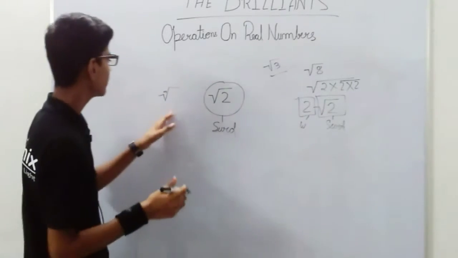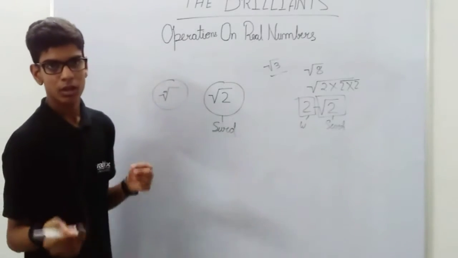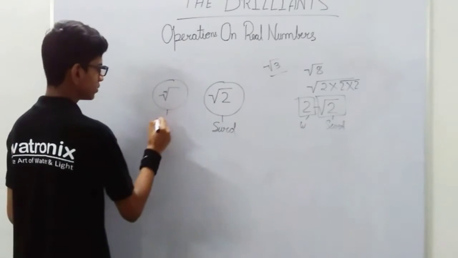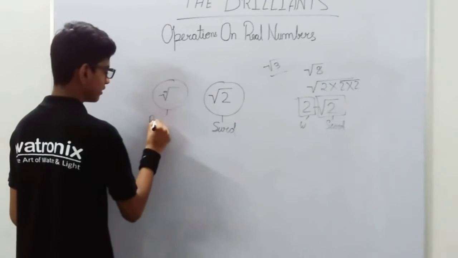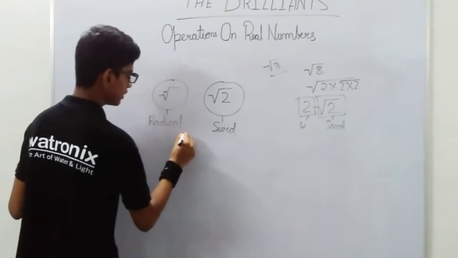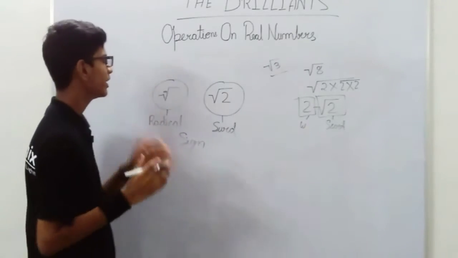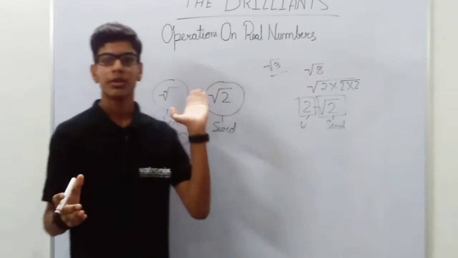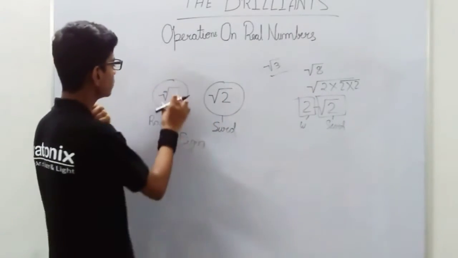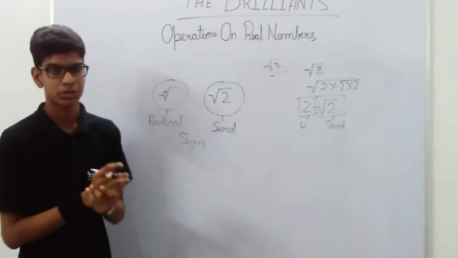But what is this sign actually called? This sign is called the radical sign, and in day-to-day life we use root to express it, as we use under root 2, which means 2 is under the root.